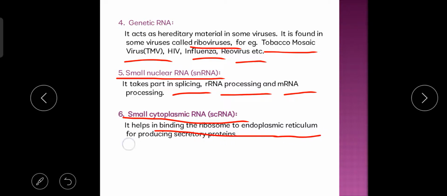Why? For the production of different types of secretory proteins. Okay, so these are the different types of RNAs, whereas the non-genetic RNAs are very important among all these RNAs.